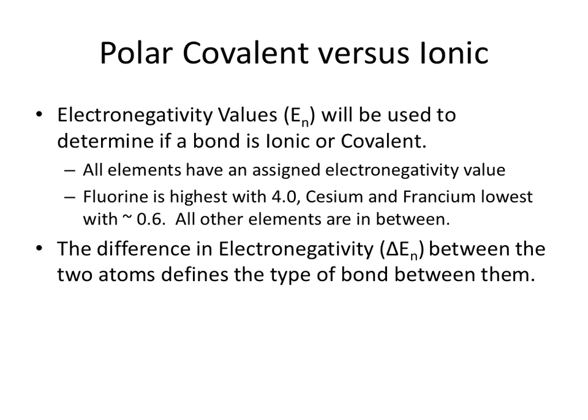Everything else is in between. So we are going to use the difference in the electronegativity values between the two bonding atoms as a metric to help us understand whether or not the bond is nonpolar covalent, polar covalent, or ionic. And I'll show you how to do that in the next slide.